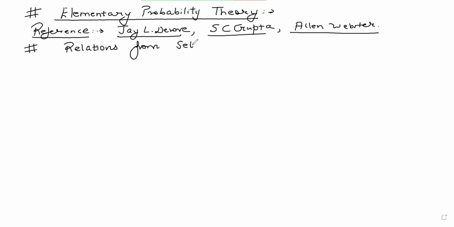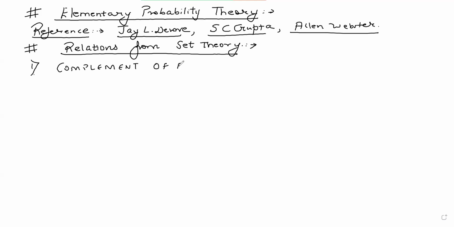Before jumping on to some useful axioms for probability, we are first of all going to look, from set theory, at what is meant by a complement of an event, what is meant by union of two events, intersection of two events, and so on. Okay, so students can write the first point, complement of an event.